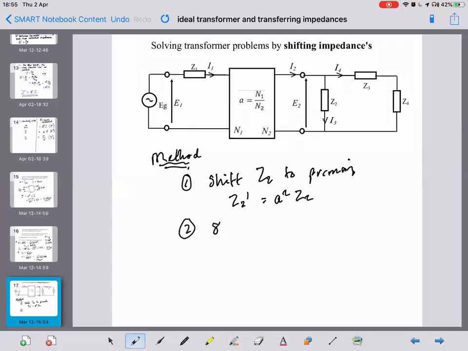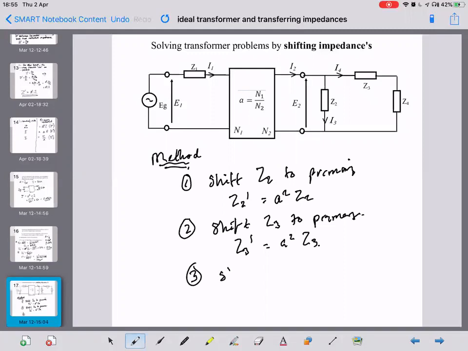Secondly, shift Z3 to primary, where Z3 dash is equal to A squared Z3.